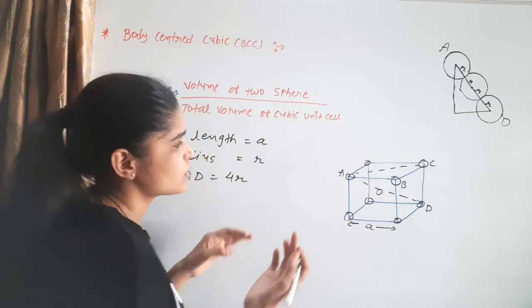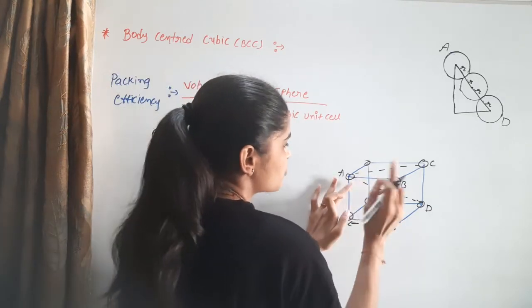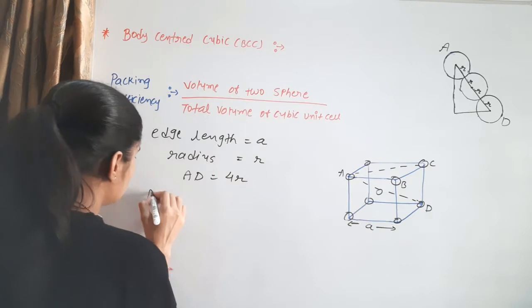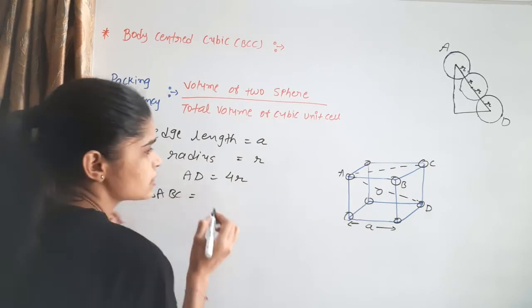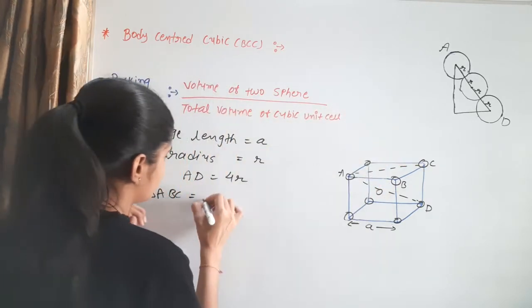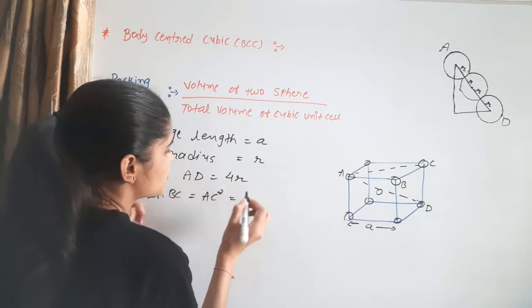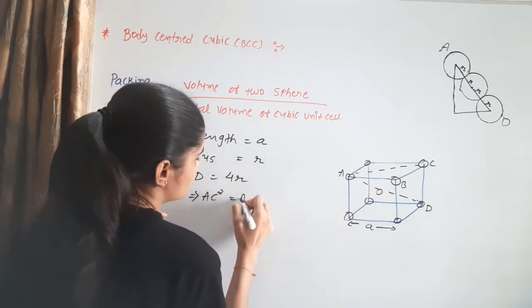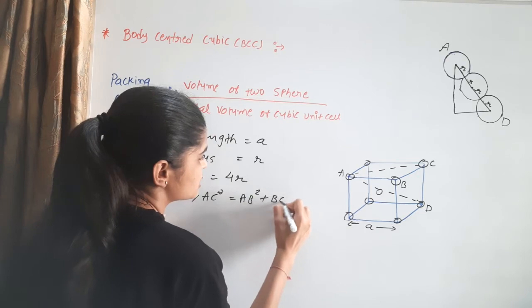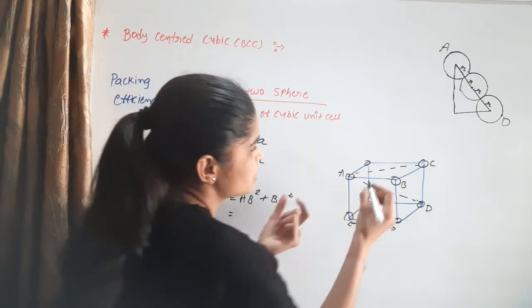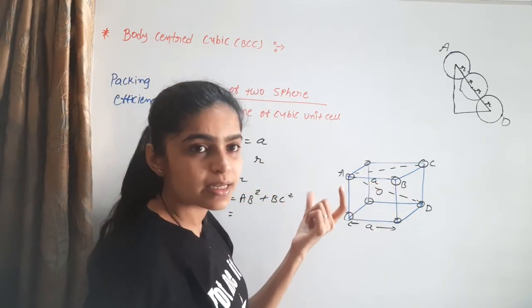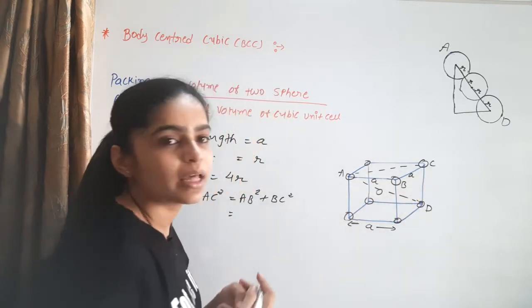Then we find out this distance. First of all, in triangle ABC, AC² is equal to AB² plus BC². We discussed this in the previous lecture. AB is the edge length a, and BC is also edge length a.